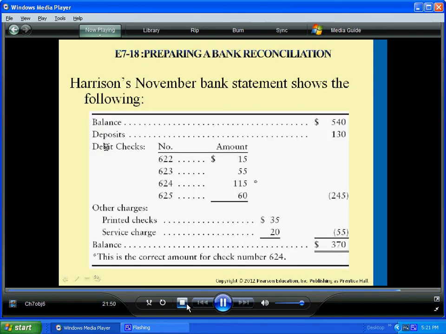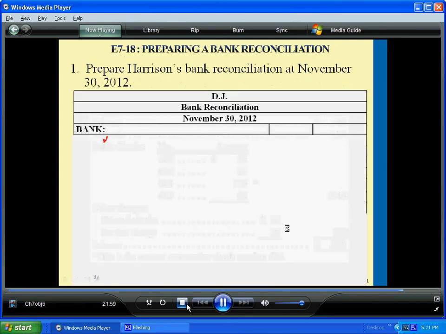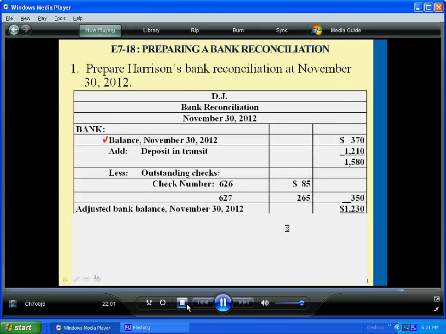The outstanding checks were the two checks that were not on the bank statement, 626 for $85 and 627 for $265. If we subtract those items from the 1580 subtotal, we come up with an adjusted bank balance at November 30th of 1230.